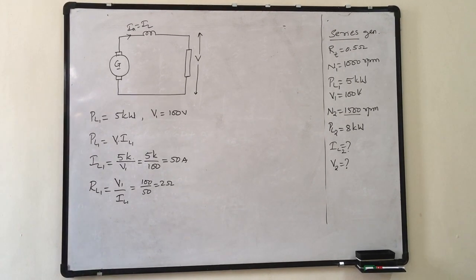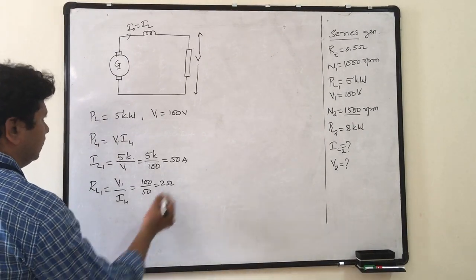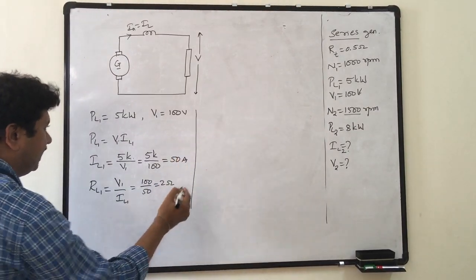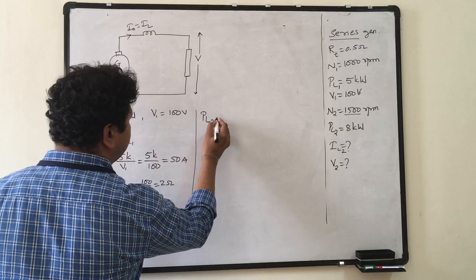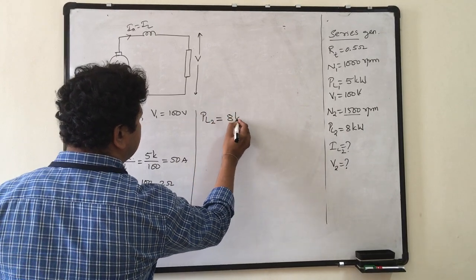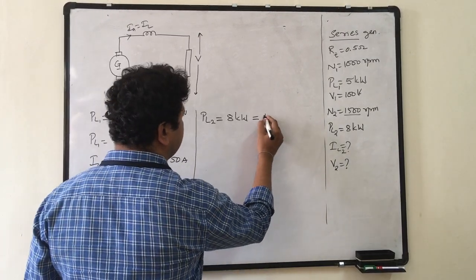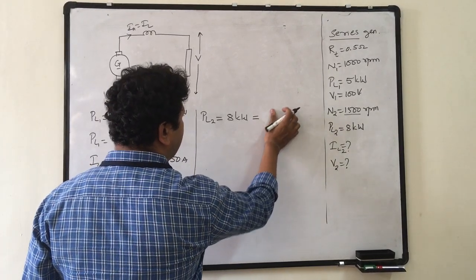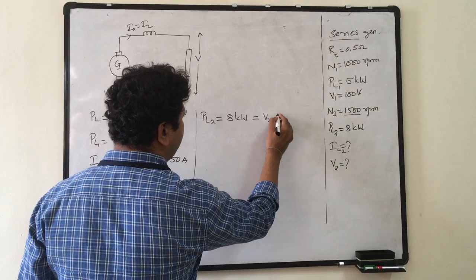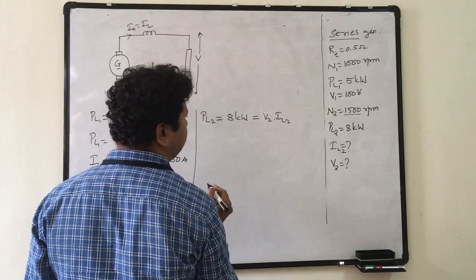Now PL2 is equal to 8 kilowatts, which is nothing but V2 into IL2.